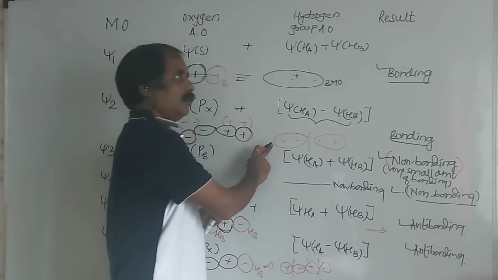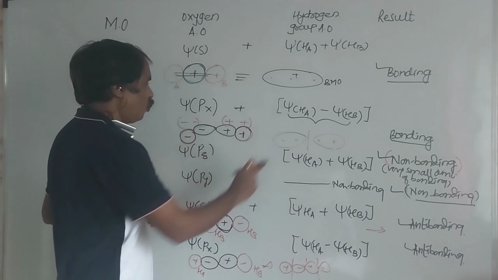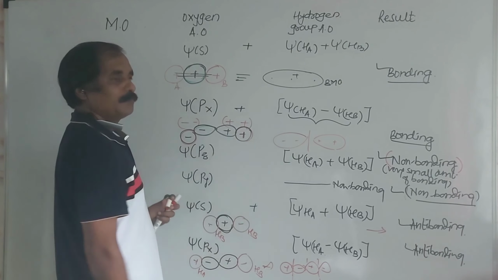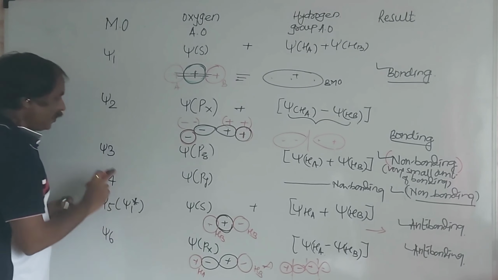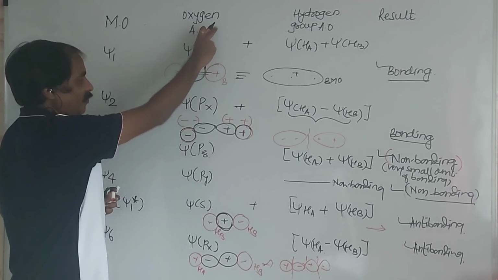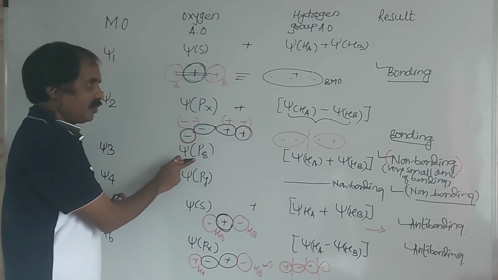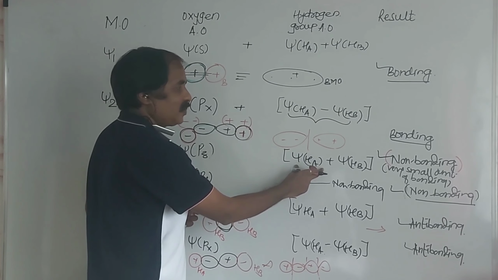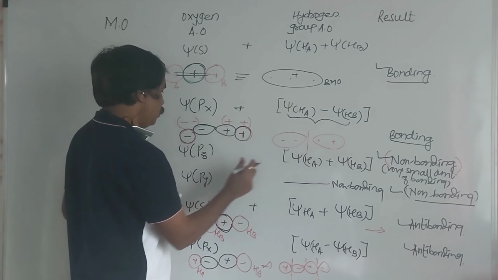So the result, again, is the formation of a bonding molecular orbital, because of negative addition, positive addition. Next, in case of the third molecular orbital, here I have taken the wave function of the pz atomic orbital of oxygen, isn't it? And group atomic orbitals of what? Hydrogen atoms. It is like this.